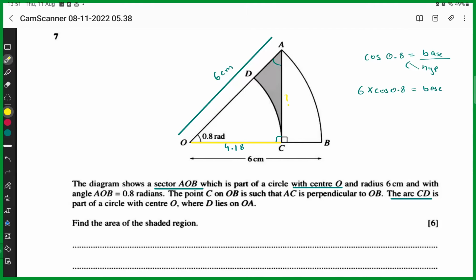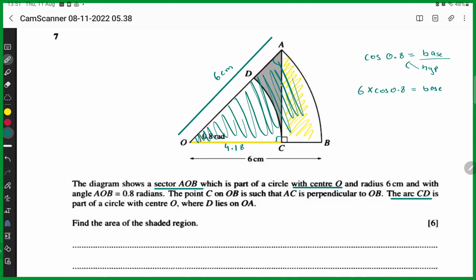The biggest sector. But then when you subtract the area of the triangle, you would get this basically. Like the bigger sector is this entire thing. When you take out the right angle triangle, you would be left with this red part, but you were supposed to find this shaded part.